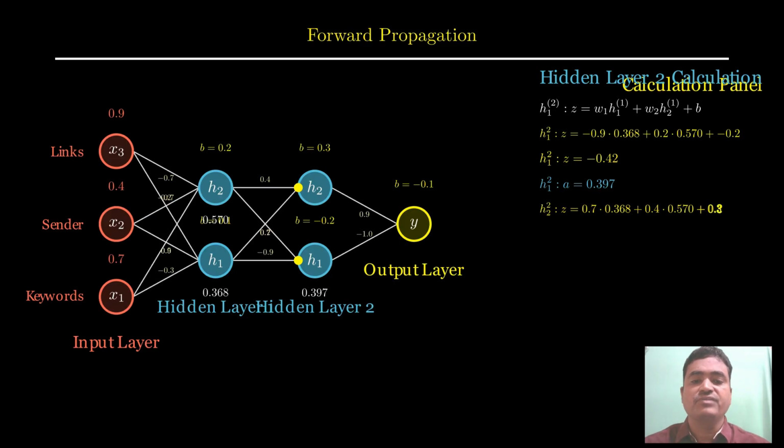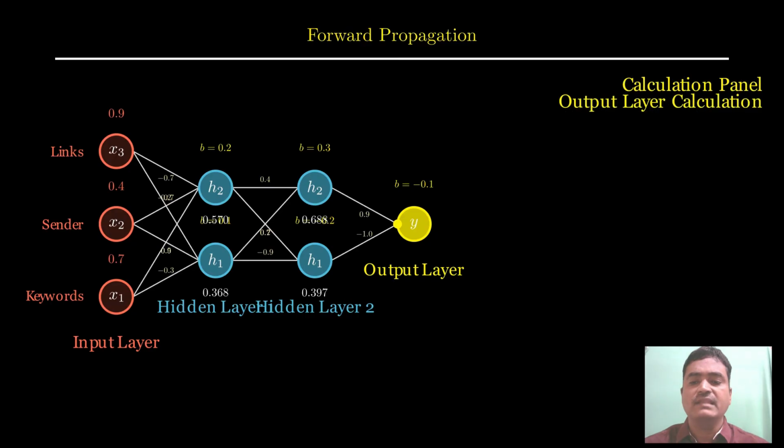The 3 email features: keywords, sender, links entered the input layer as normalized values, then flowed forward through 2 hidden layers via weighted connections where each neuron applied the sigmoid activation function to transform inputs into probability-like values between 0 and 1, with yellow dots moving along connection lines, while a calculation panel displayed step-by-step mathematical operations on the right side for easy understanding.